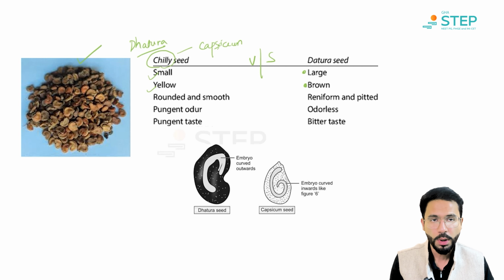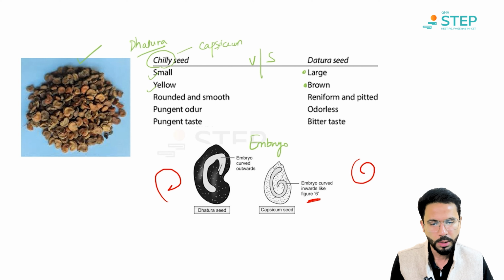And the most important difference is the embryo: a chili seed will have an embryo inverted like the figure of 6, whereas the Datura seed will have an embryo that is outward or everted, which is curved outward. So once you break open the chili seed or the Datura seed, you will look at this. Okay, because these seeds resemble each other in picture, that is why they are compared.